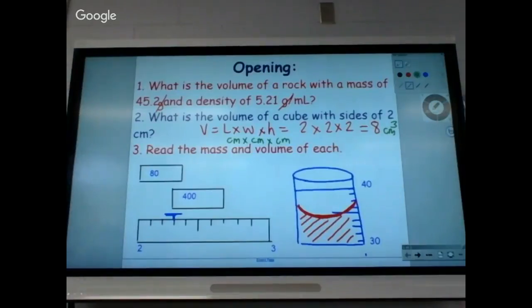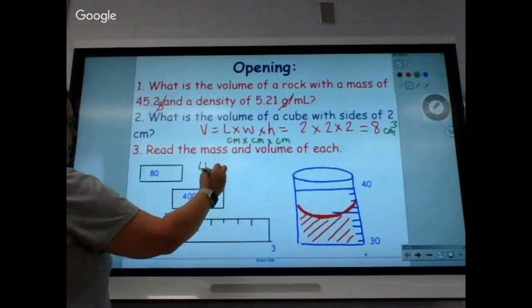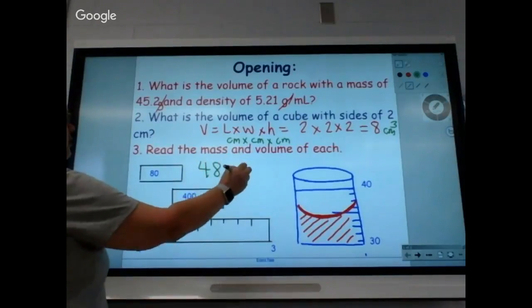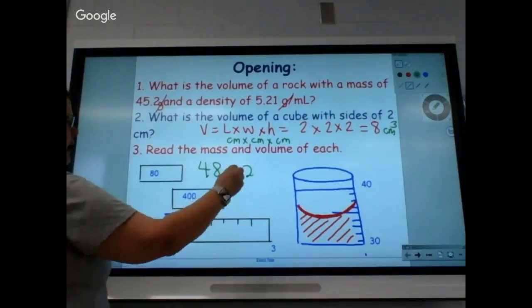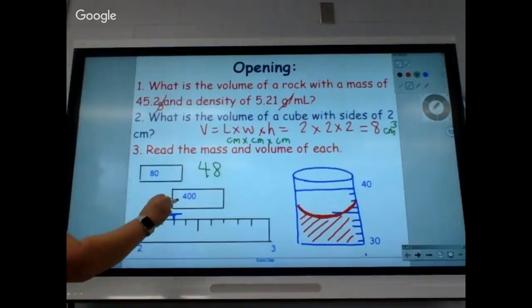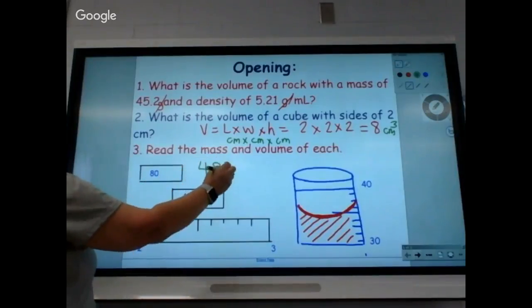So how do we do the first one on the triple beam balance? Some of us are still struggling with this. We're doing okay on the 480. But then when we get here, some of us are putting 0.2, and that's not right. When you see that whole number down here of 2, that's 482.